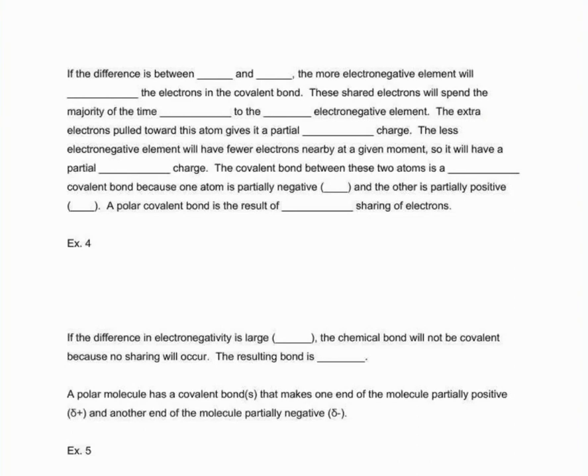Not every covalent bond is going to be nonpolar. So if the difference is between 0.5 and 1.7, then the more electronegative element will attract the electrons in the covalent bond. What happens is these shared electrons will spend the majority of their time closer to the more electronegative element.